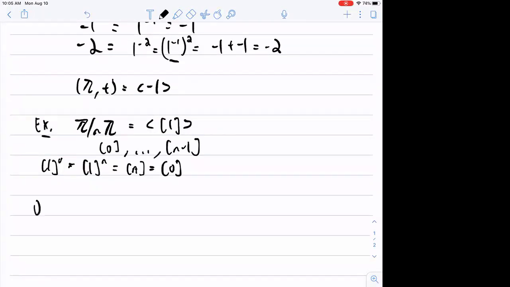So question: are cyclic groups abelian? What do you all think?